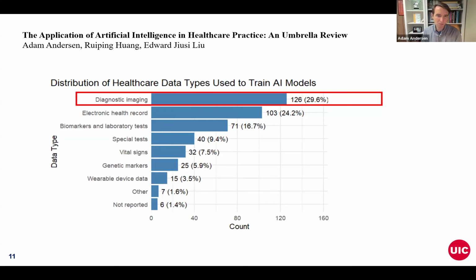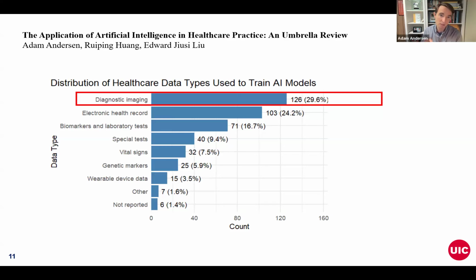And with that, we got a really good idea of the landscape of AI applications in healthcare on a broader scale. And that's really helped me understand where healthcare is going. And we've seen some really interesting trends. One trend is the data types that are typically used to train AI models. You could see diagnostic imaging was the leading type of AI model training.